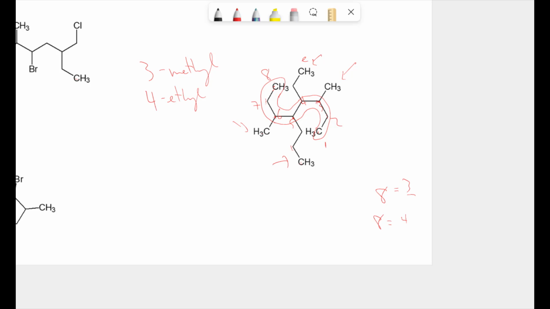In the 5 position is this propyl, right there. And in the 6th position is another methyl. I think that's it. That's the 4 groups, 1, 2, 3, 4. And we said this is an 8 carbon chain, so it's an octane.